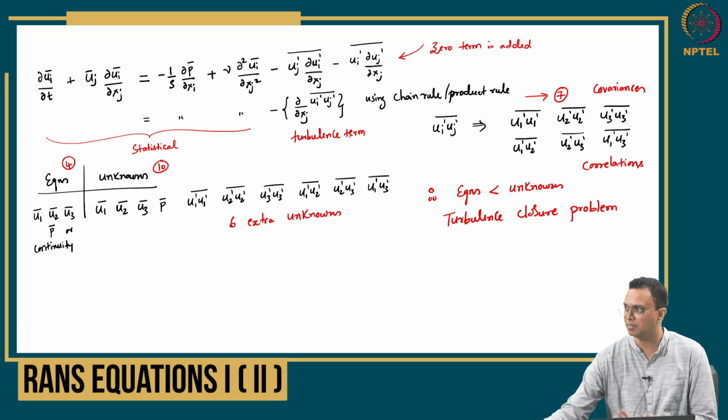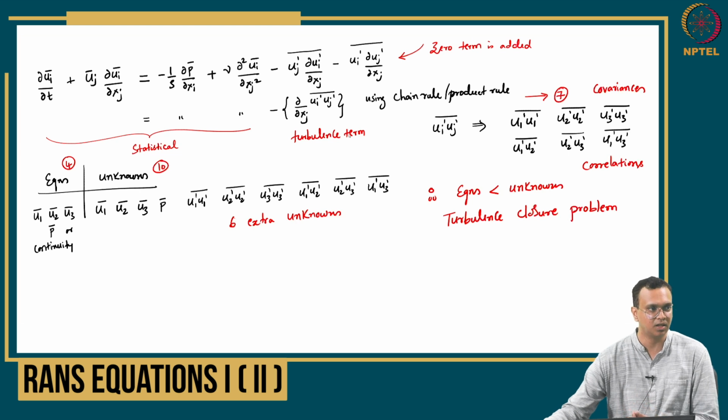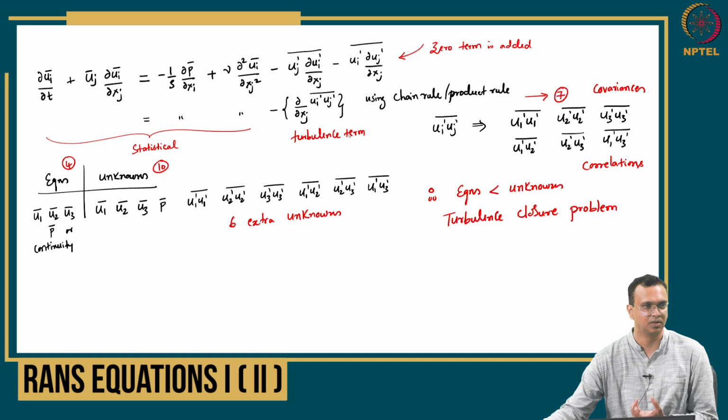So there you had a help, you had this molecular viscosity, a property of the fluid, which was helpful. You can consider air, water, or some particular Newtonian fluid, you know the viscosity value, and therefore you could close it. The mu was known, right? You essentially related those 6 unknowns tau ij to a molecular viscosity mu and the velocity gradient, which is known anyway.